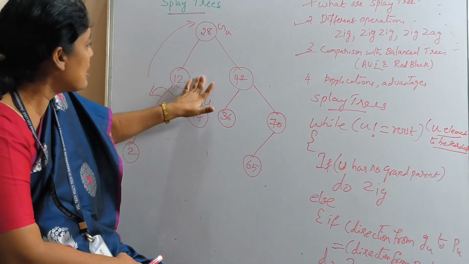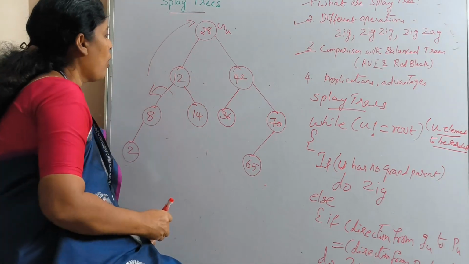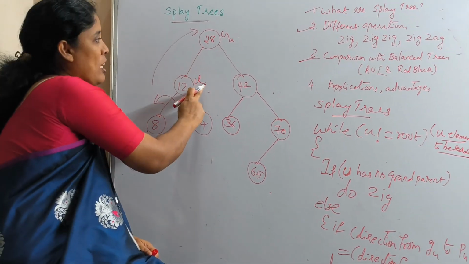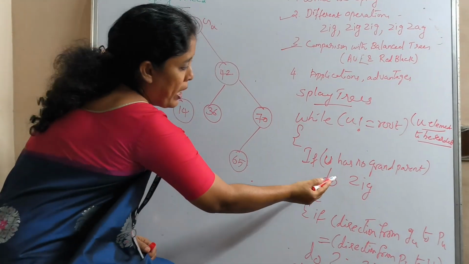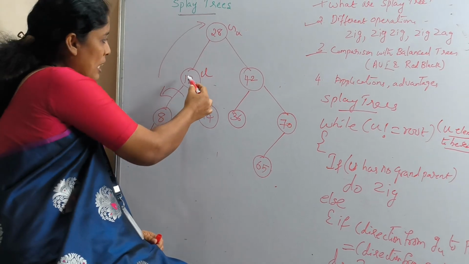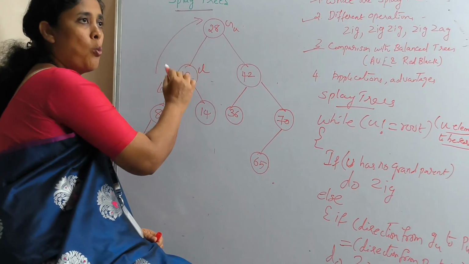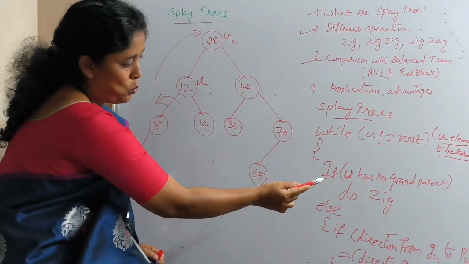Suppose this is the element you are searching for, then this will be U. This does not have a grandparent. Only the parent is there, no grandparent. So if U has no grandparent, do the zig operation. That is what I already said. It can be either a left child or a right child. Then you do only one left rotation or one right rotation, that is zig.